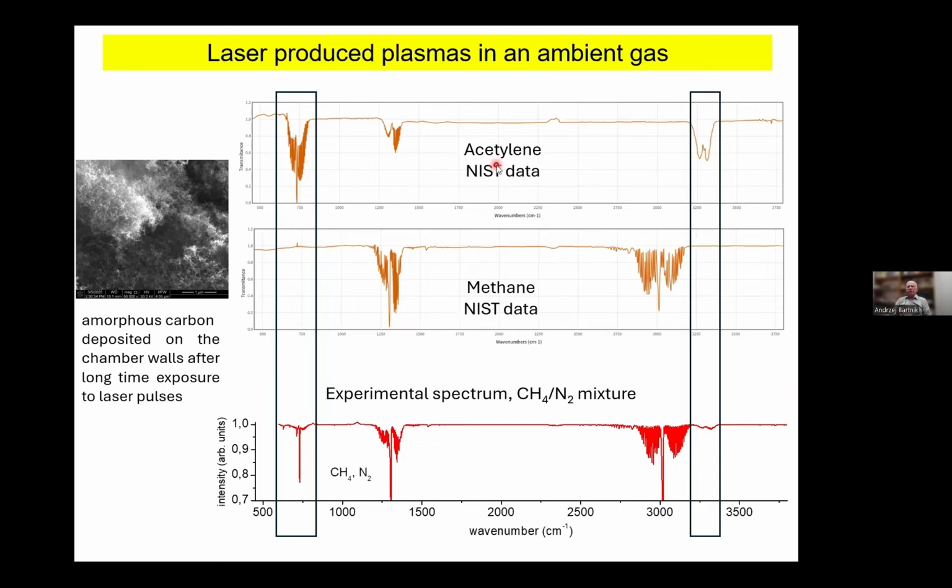Unfortunately, it was not possible to detect more complex molecules, but at the walls of the system, after multiple shots, amorphous carbon was deposited, which means that some carbon dust was also formed there. So we could also perform experiments corresponding to the formation of dust in space.